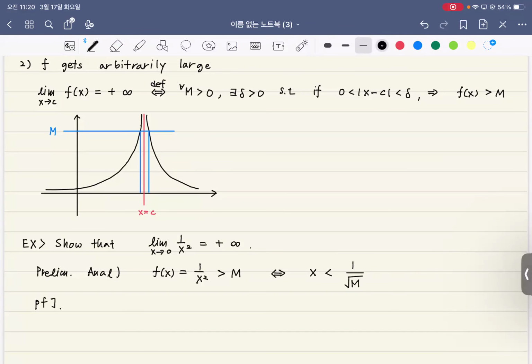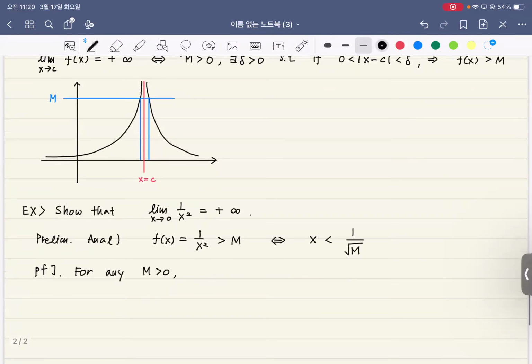So for any positive real number M, I want to choose my delta to be just 1 over square root of M.